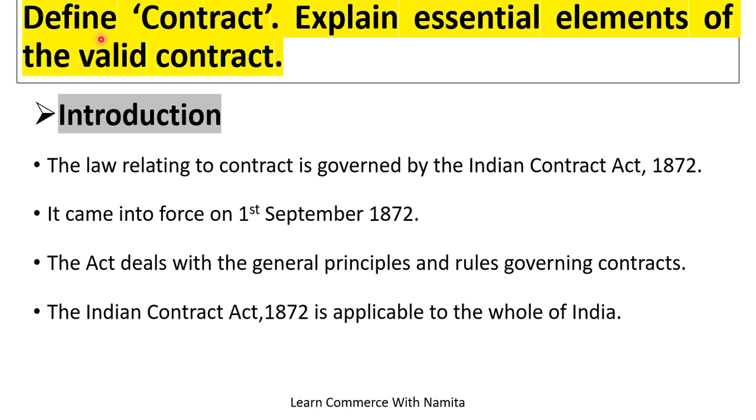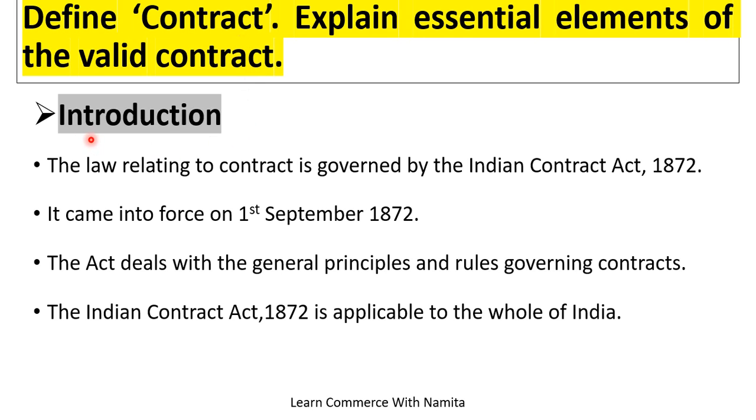So this question of define contract and explain essential elements of a valid contract was asked in last year's TY examination. So let's see what the correct answer is, or how you can attempt this question.